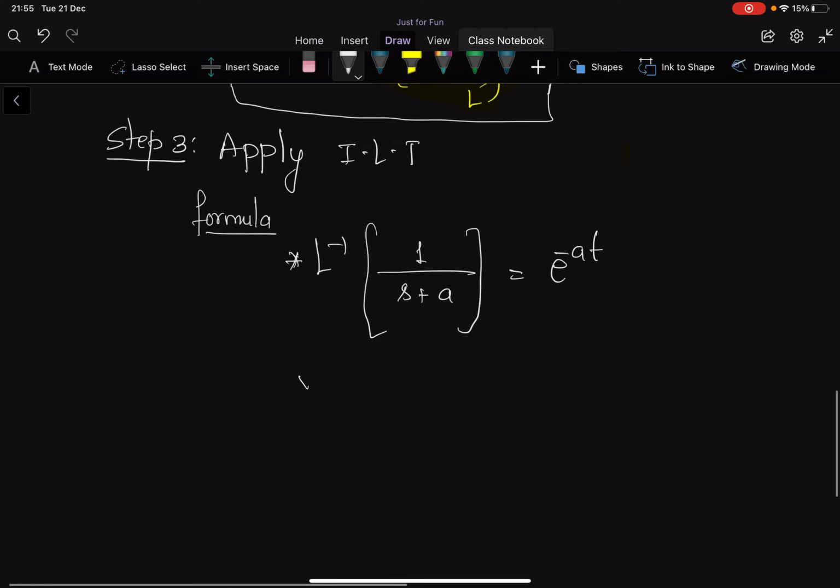And the next formula I'm going to use is the inverse of constant over s, which is going to be the constant.